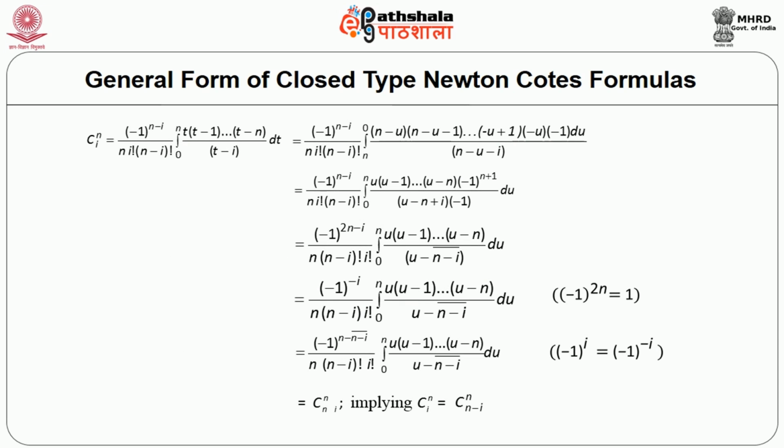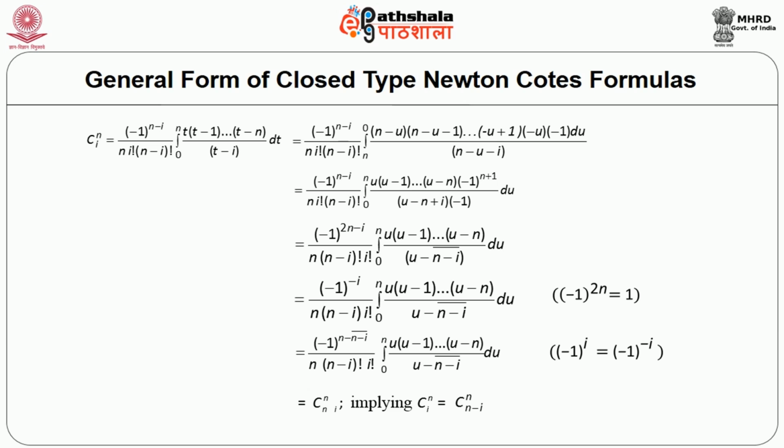And using it, our NCI will come out to be (-1)^(n-i) upon n, i factorial, n minus i factorial, constants as they are. Limit of the integration becomes now n to 0, and the expressions become n minus u, because t is n minus u now, n minus u minus 1, n minus u minus 2, so on up to finally n minus u minus n, that is minus u. dt is minus du, so minus du, and the denominator becomes n minus u minus i.